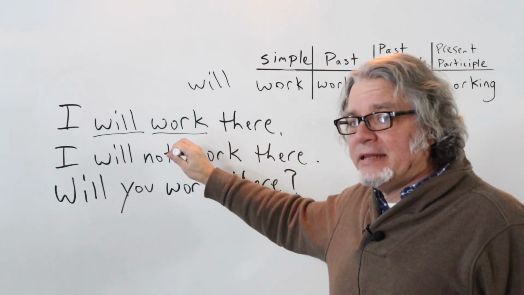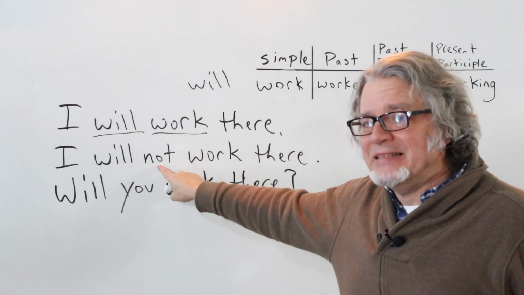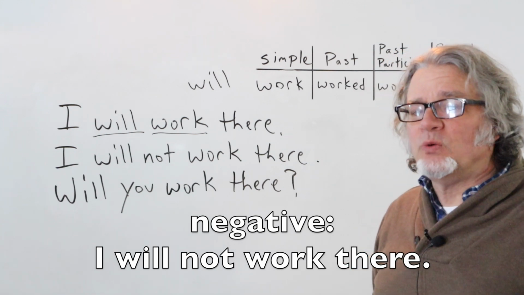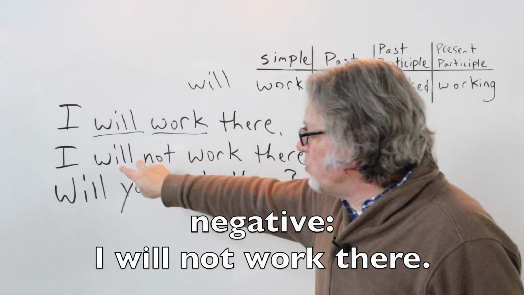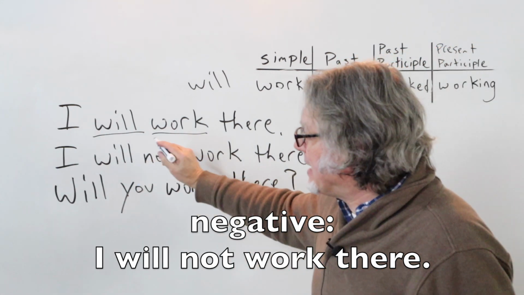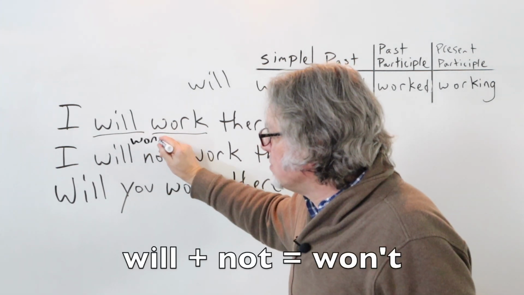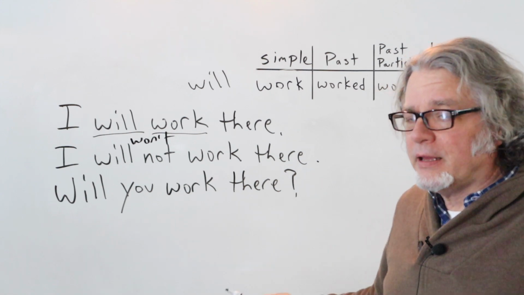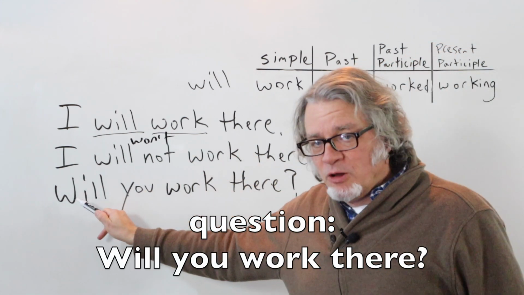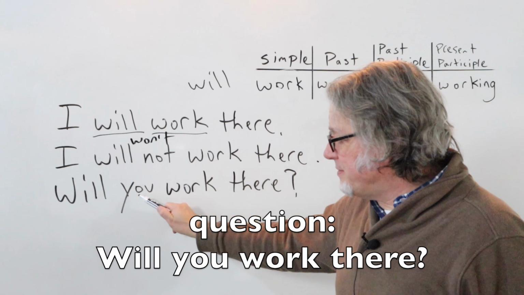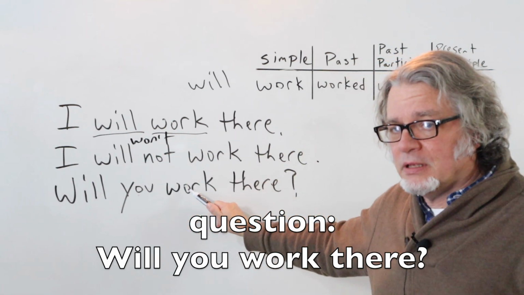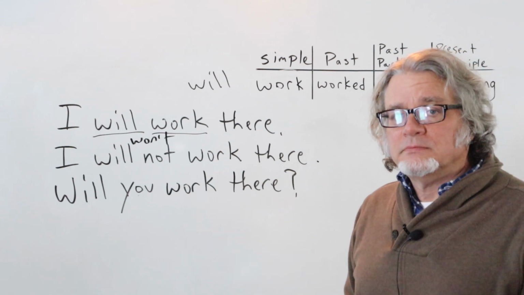To make it negative, add the word not after the helping verb. I will not work there. These two words can be contracted to won't. I won't work there. And for a question, put the helping verb first, then the subject, and then the main verb. Will you work there?